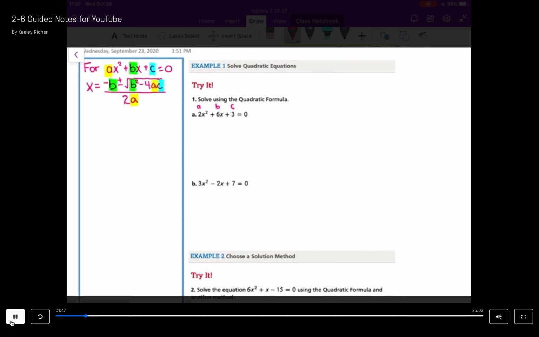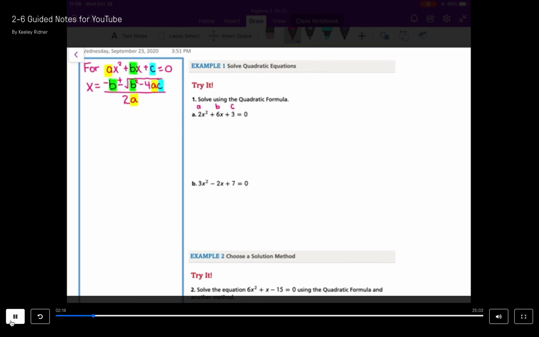I have a little song for the quadratic formula, and there's many out there. This one is x equals -b plus or minus square root b squared minus 4ac all over 2a. But you don't have to memorize it because you're going to be able to use your notes on your test, so it'll be fine, right?